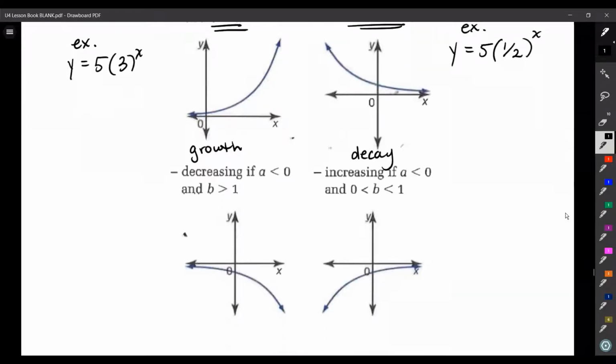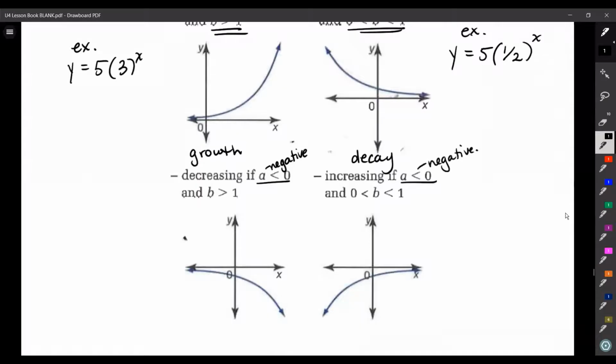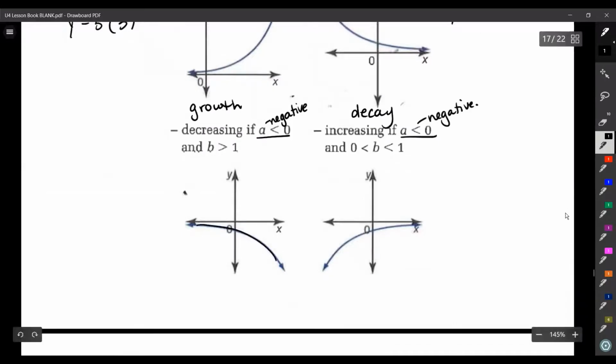Now, the bottom ones here, you'll notice that the b's are actually the same. So growth and decay, except the a is now negative. So what's happened to our graph above is it's actually just been flipped down vertically. I really usually only remember the first two options, and then I just remember, if a is negative, then those graphs are vertically flipped upside down. And then we will have kind of the opposite of what was happening before.